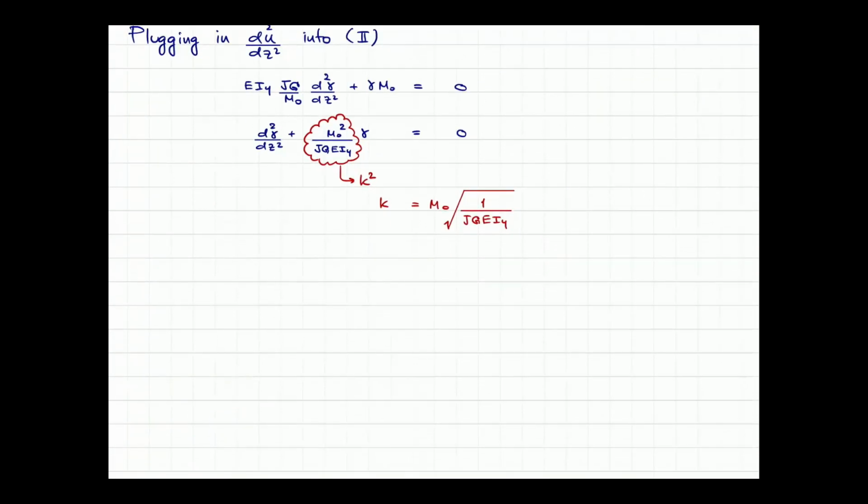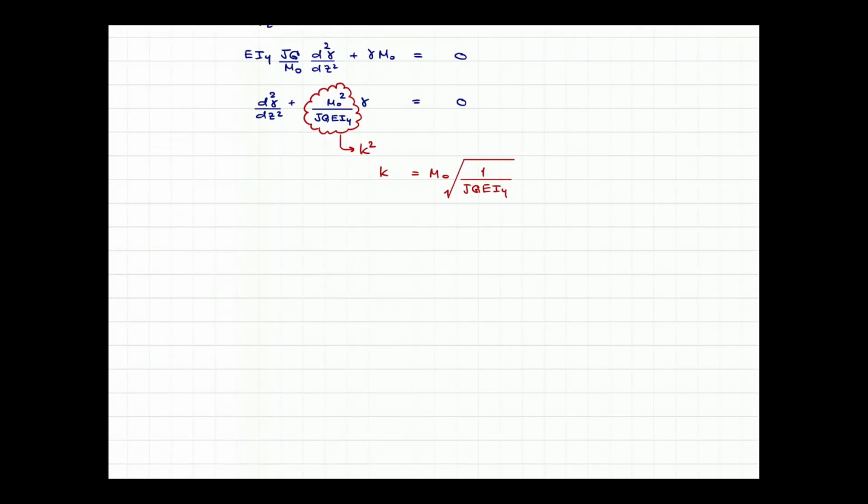So the solution to this differential equation, well, this is very good for you because you do not have the term on the right hand side, so you don't have the particular solution. There is only the homogeneous solution to the gamma. The homogeneous solution of gamma is given by gamma. What is the function of gamma?